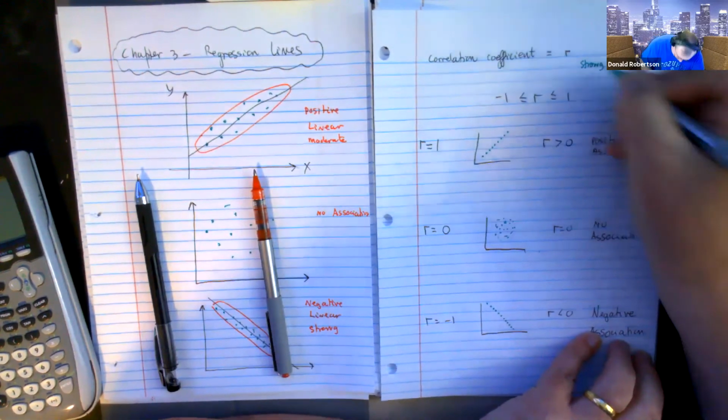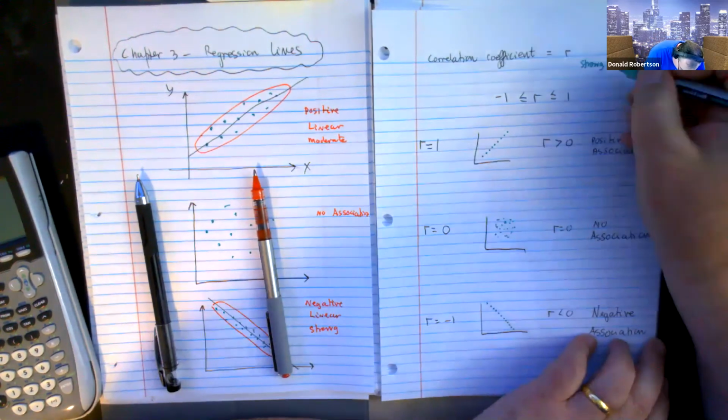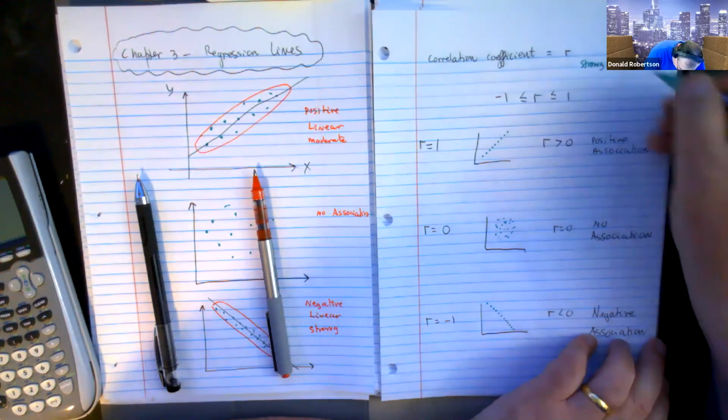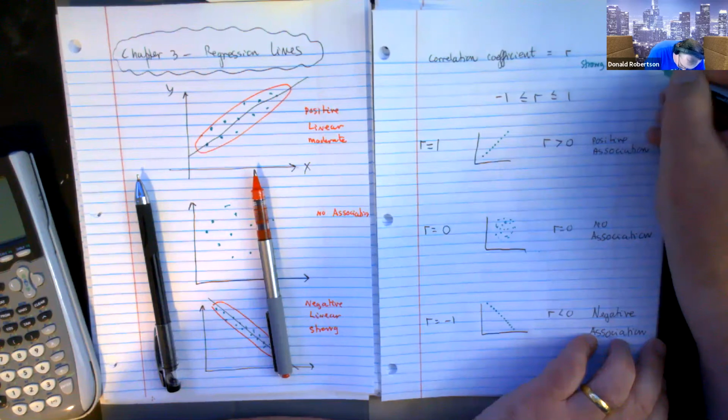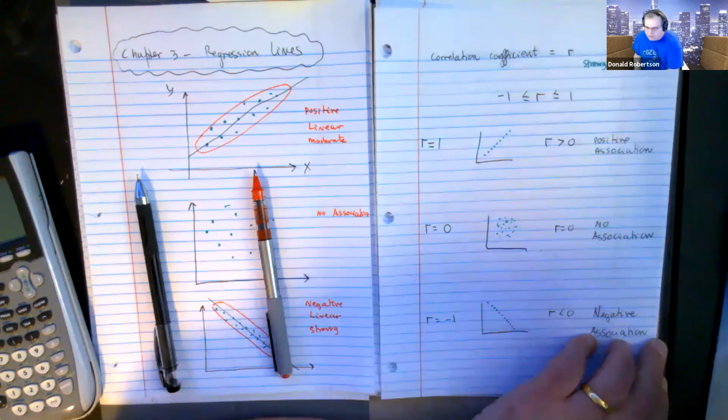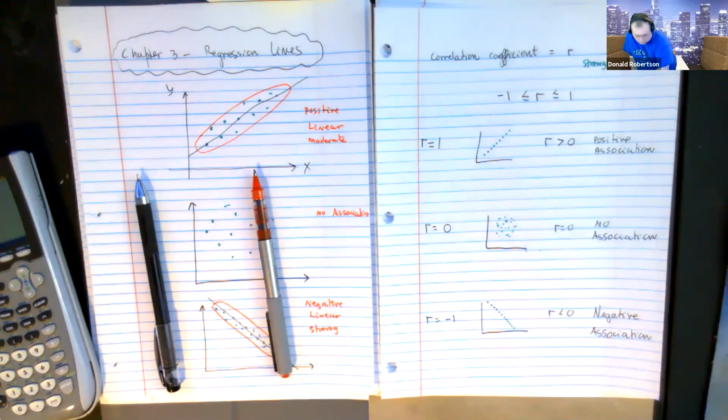A strong association is an R value between 0.8 and 1. Can I also, because I don't want to make this table big, say that negative 0.8 to negative 1 would also be a strong association? So it counts in both ways.